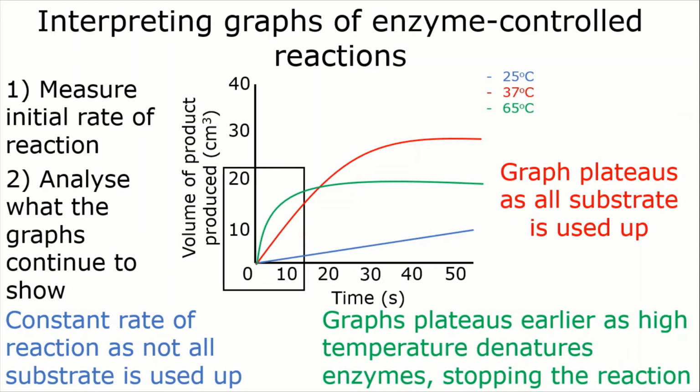However, because of the increased vibrations, the vibrations will cause the bonds in the active site to break. And this will mean that the active sites and essentially the enzymes denature, they're no longer complementary to the substrate, and we won't get enzyme substrate complexes forming, so the reaction will stop, which is why it plateaus so much earlier than at 37 degrees.